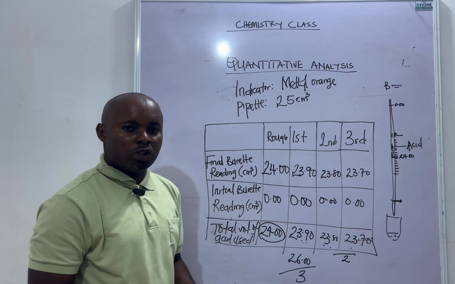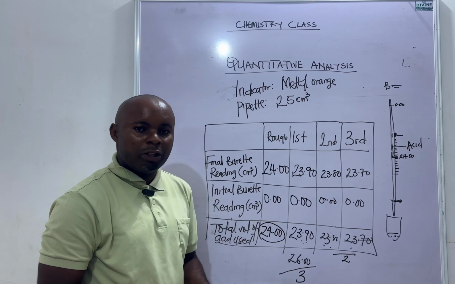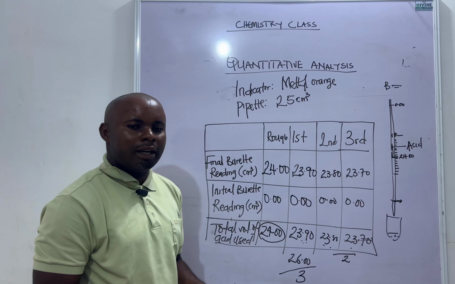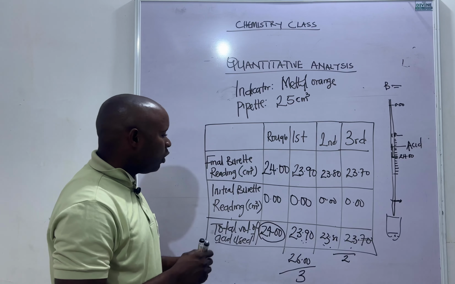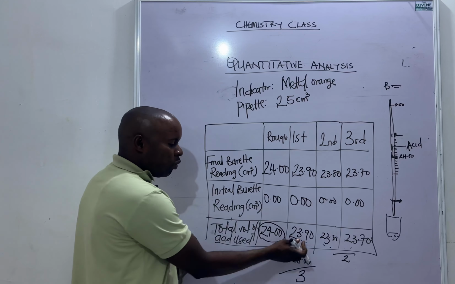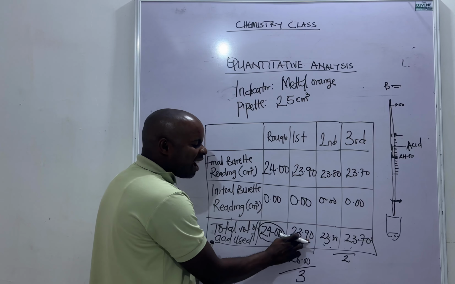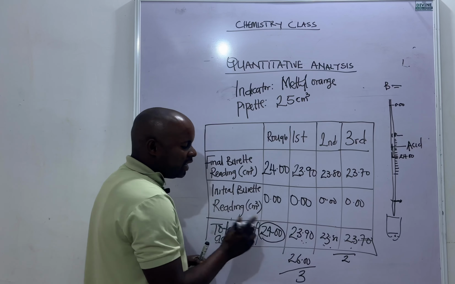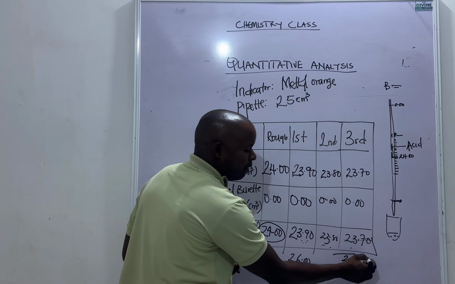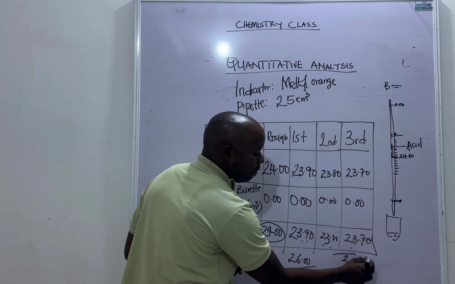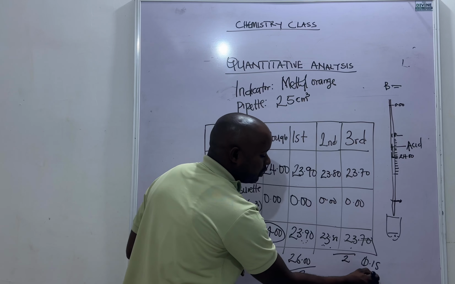So I'm going to introduce you to a major aspect of this titration table using the WAEC marking scheme. One of the important things, as I've said before, is that you must have 2 decimal point values, and the distance between the first, second, and third should not be more than 0.15, 0.20.